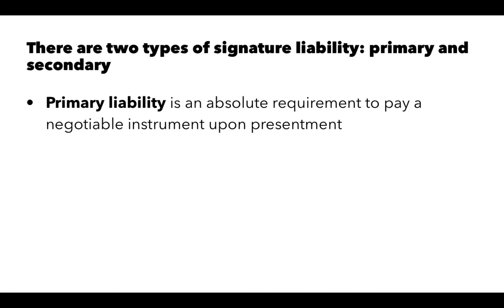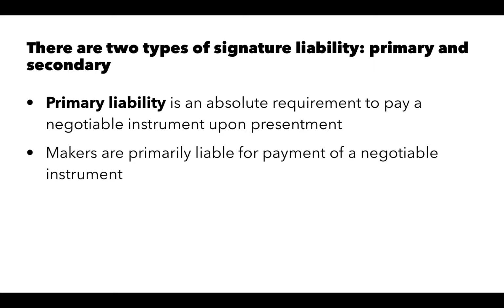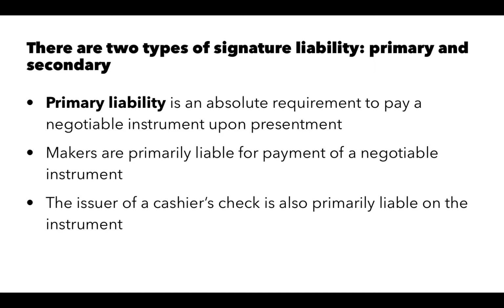A person who is primarily liable is required to pay the instrument subject to any valid defenses. Now, a maker of a note is primarily liable for payment of a negotiable instrument. In the same way, the issuer of a cashier's check is also primarily liable on the instrument.